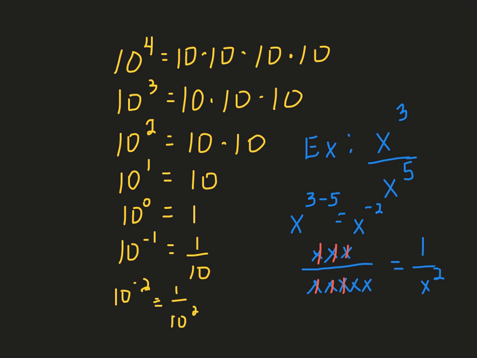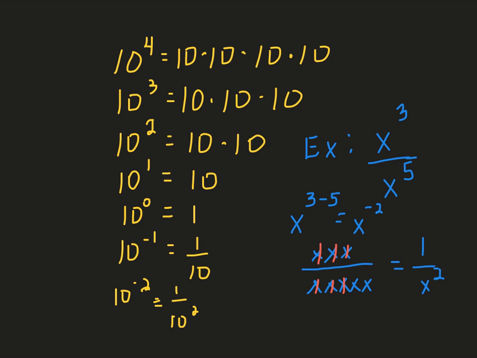Division. Good way to put it. Okay, and then this other side, if you were wondering why, when we had the quotient rule and you had the same base and you were allowed to subtract your exponents, notice that every single time you subtracted your exponents, they all came out positive.